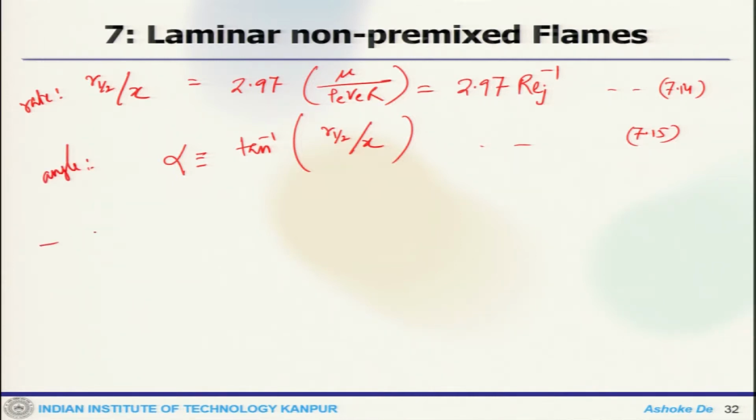High jet Reynolds number jets are narrow, while low Re_j jets are wide, because this is inversely proportional. If you have high Re_j and low Re_j, you can see the difference in the spreading rate. For a low Reynolds number case, the spreading would be more, for a high Reynolds number case, the spreading would be low, primarily because it is inversely proportional.